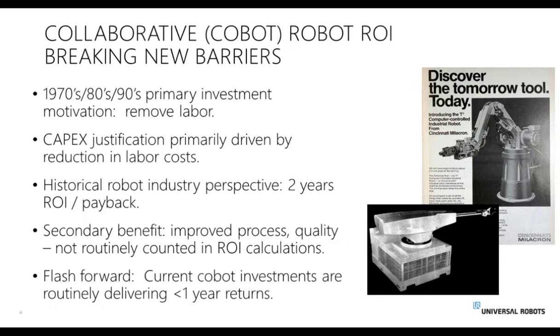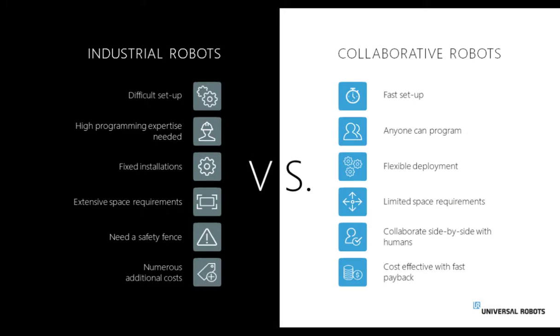Now, fast forward a couple of years, and in the past 5 years, cobot investments are going from a 2-year return, which used to be the norm in industrial automation, down to a 1-year return. And we'll spend the next few minutes talking about how that occurred and what some of the drivers of that are.